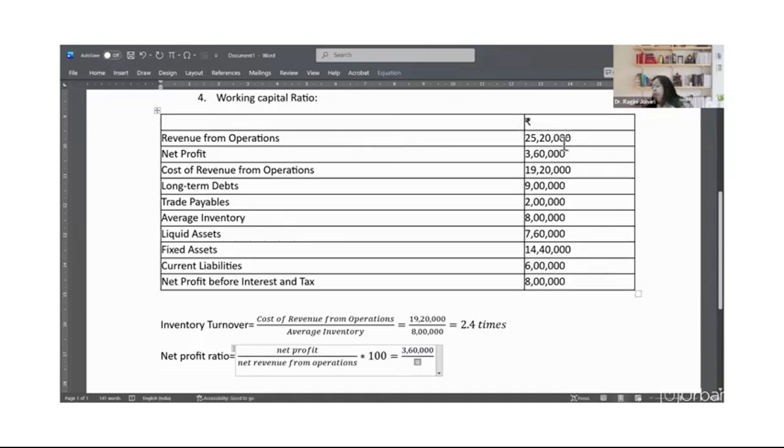Revenue from operations is given to us, that is 25,20,000, and cost of revenue from operations is given to us, which is 19,20,000. So let us find out net revenue: minus, 18 lakh.